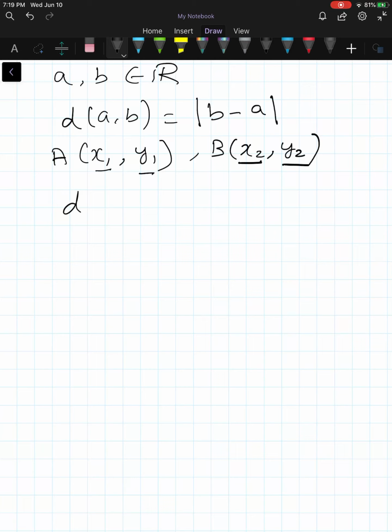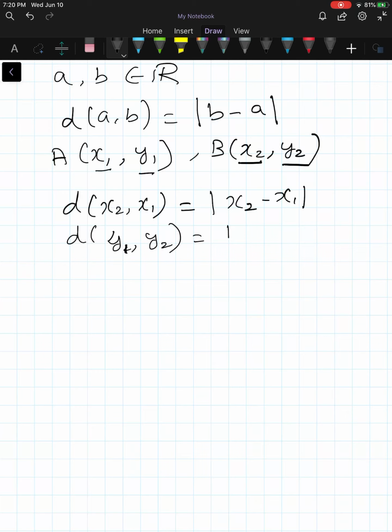So if you have to find out distance between x2 comma x1, it would be nothing but absolute value of x2 minus x1, and distance between y2 comma y1 or y1 comma y2 is nothing but absolute value of y2 minus y1.